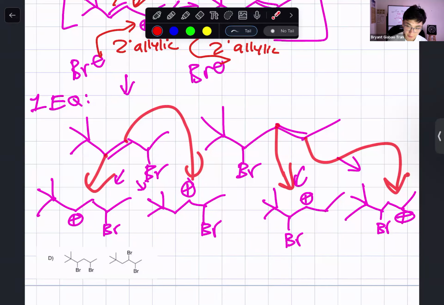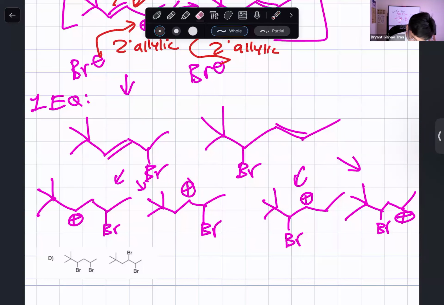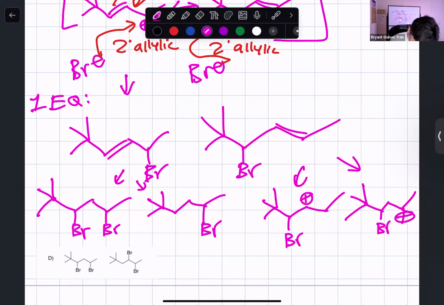So now once we have the carbocation intermediates there, I'm just gonna put a bromine on each carbocation, right? So bromine here, because that's where the bromine minus is gonna attack. Bromine here, and a bromine here, and the bromine here. So those are all the products that we're gonna get, right?